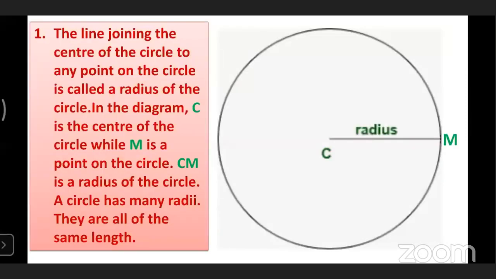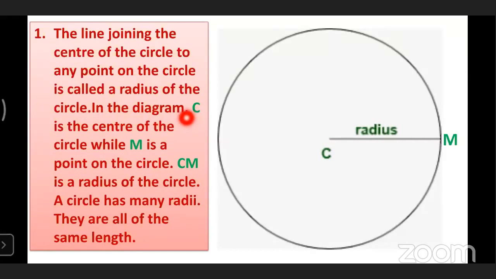Now see, observe the figure carefully. The line joining the center of the circle to any point on the circle is called a radius of the circle.